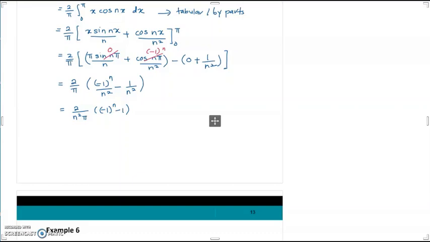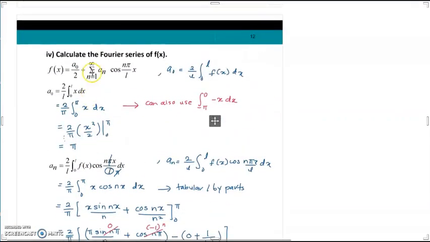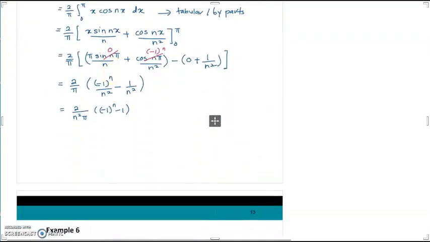So now put things together. We need to go back to this f(x), so we put the a naught and a_n. Therefore, the Fourier series for f(x) is given by f(x) equals a naught over 2.